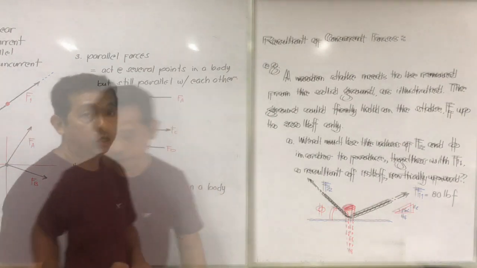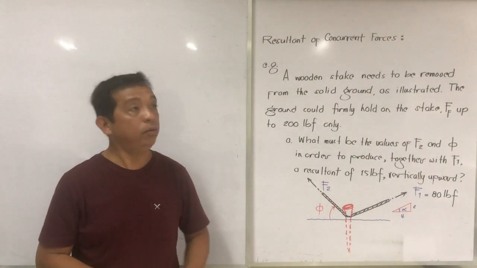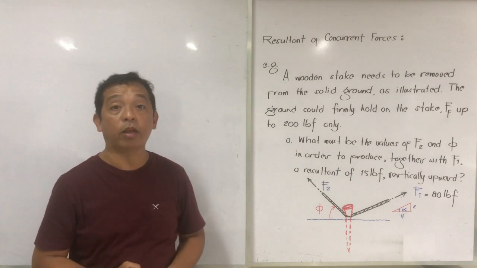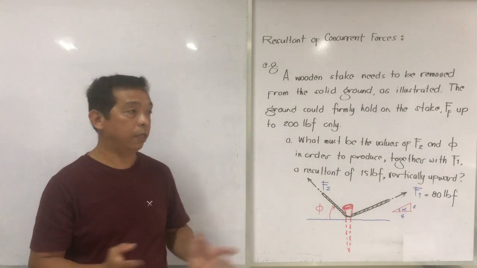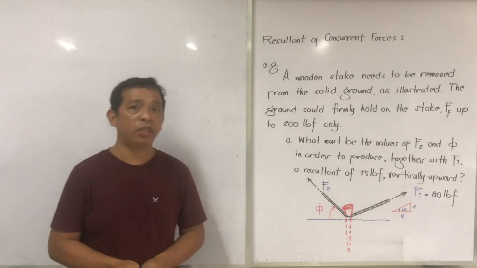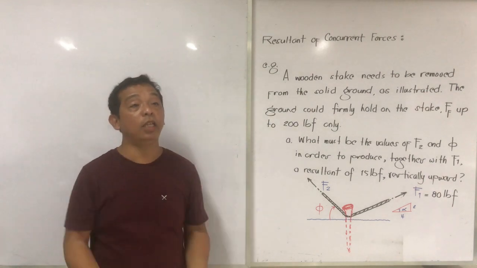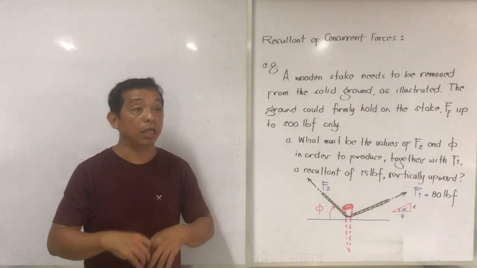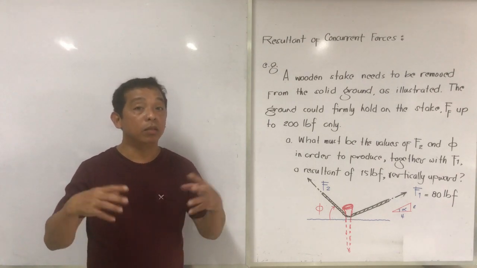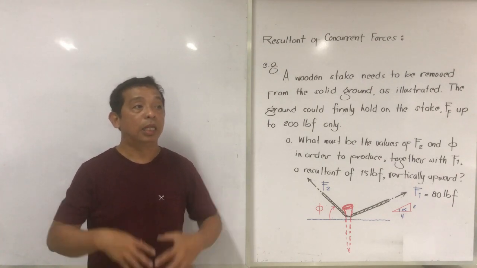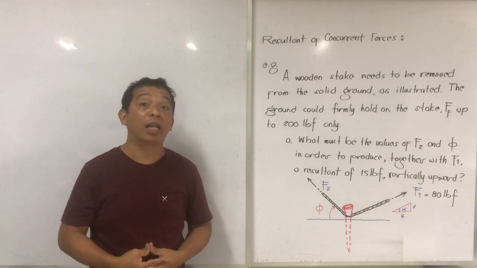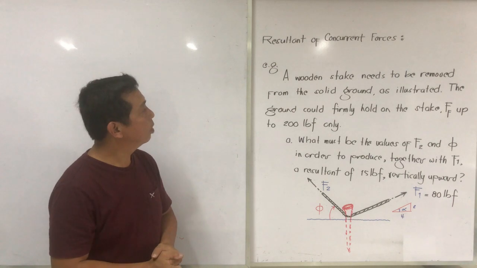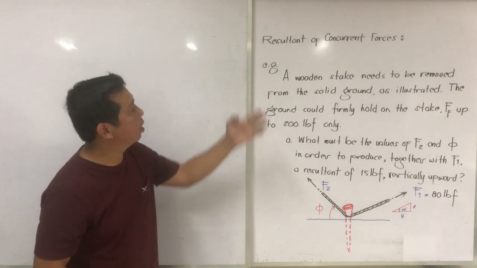Okay? So, to continue, let's start with the resultant of concurrent forces. So, what are concurrent forces nga? These are forces that act on a single point in a body, but with different projection angles. As an example, say we have it here.